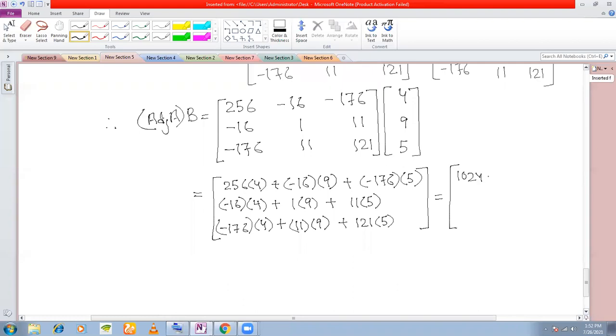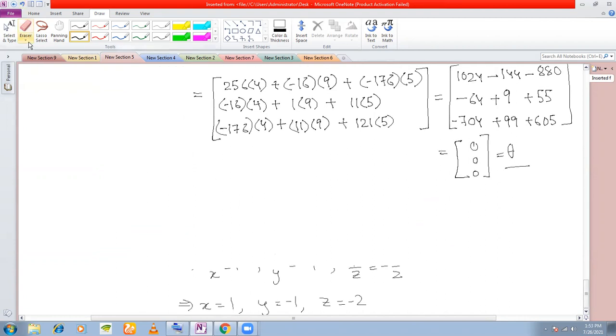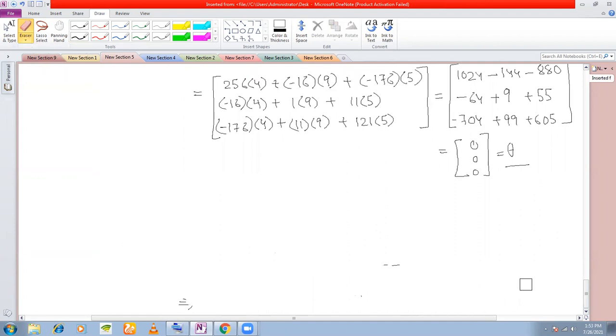Which you will get as, which will come out to be a null matrix. So we see that adjoint of A into B is a null matrix. That means that the system is consistent and has an infinite number of solutions.